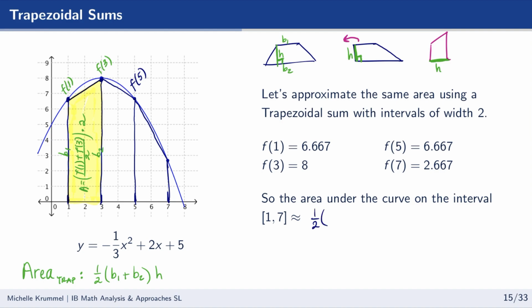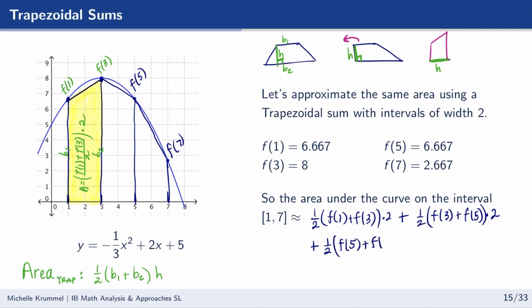It's 1/2 times f of 1 plus f of 3, times 2, plus 1/2 times f of 3 plus f of 5, times 2, plus 1/2, and then this one is f of 5 plus f of 7, times 2.